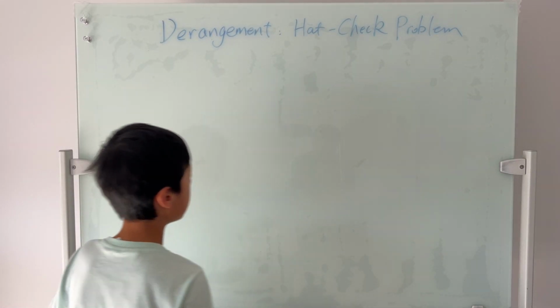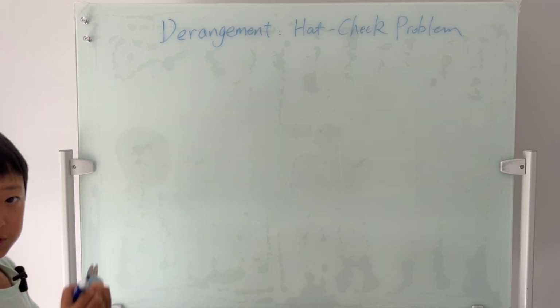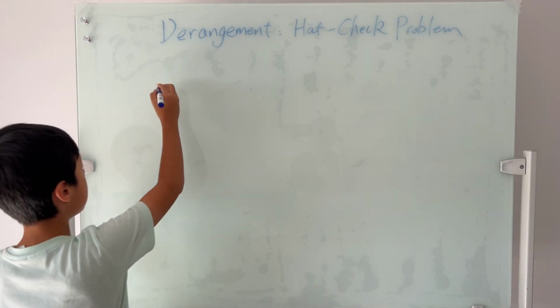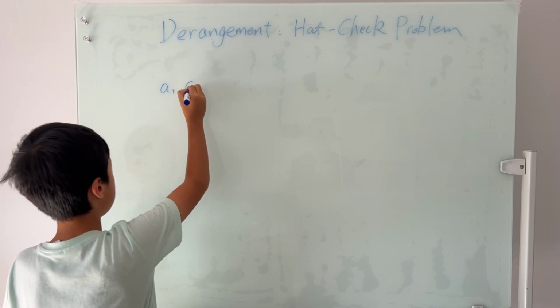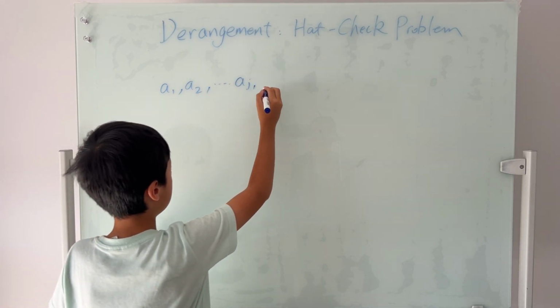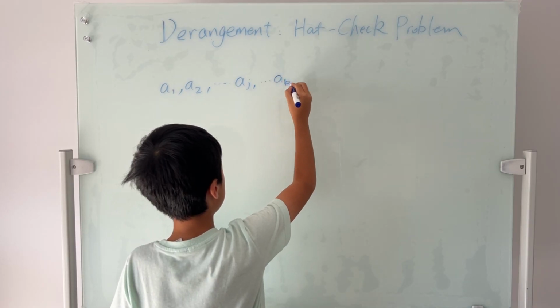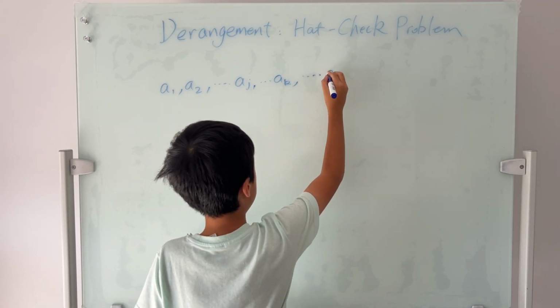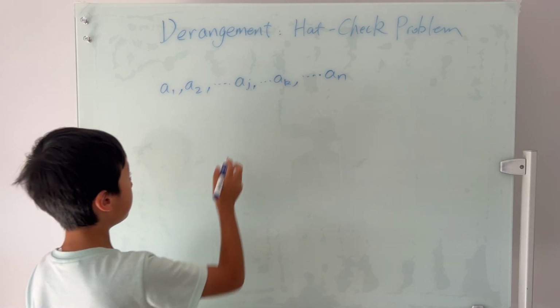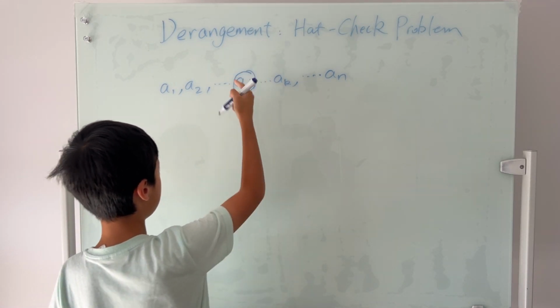So, I'm going to say our set has n elements. Say the first one is A1, A2, all the way to AJ, AK, AN. I'm going to first try and derange AJ.